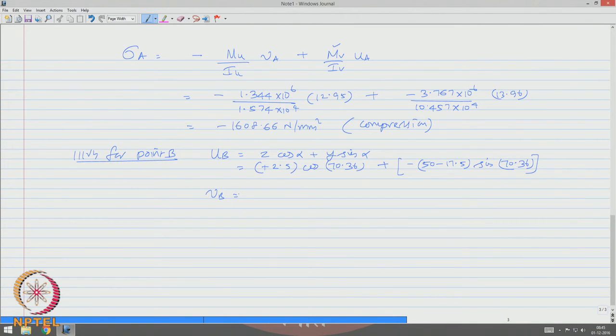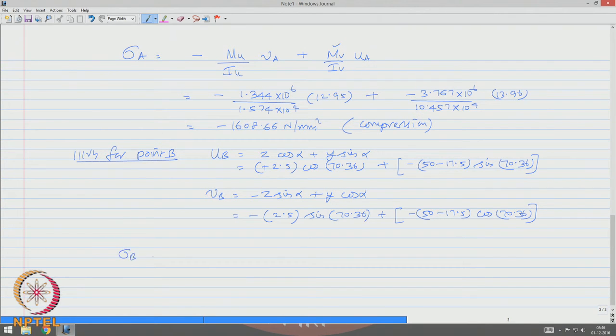Similarly, V B can be computed as minus z sin alpha plus y cos alpha. So, minus 2.5 sin 70.36 plus minus 50 minus 17.5 cos 70.36.